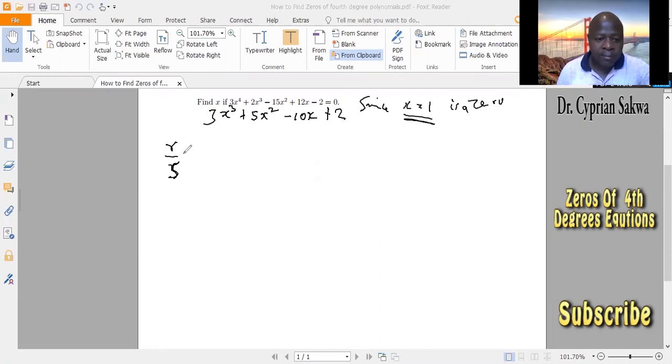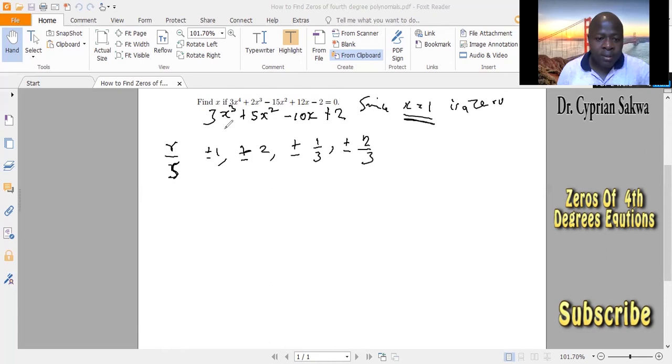R over s. We still have the same, that r over s will be plus or minus 1, plus or minus 2, plus or minus 1 over 3, plus or minus 2 over 3.